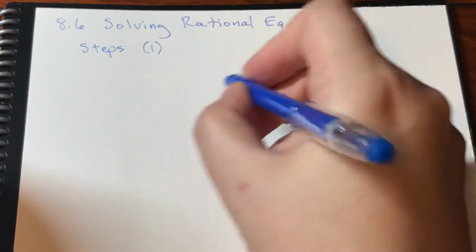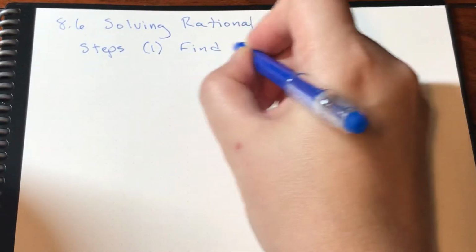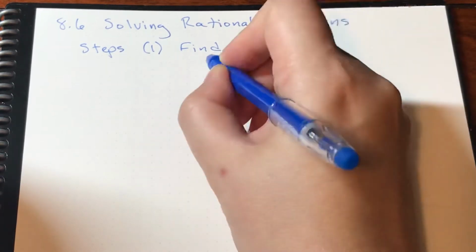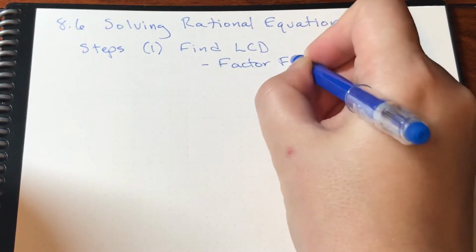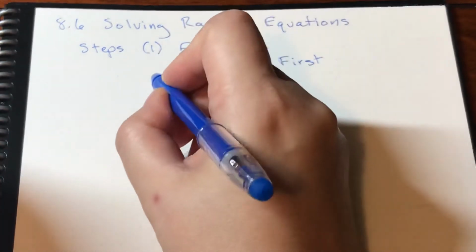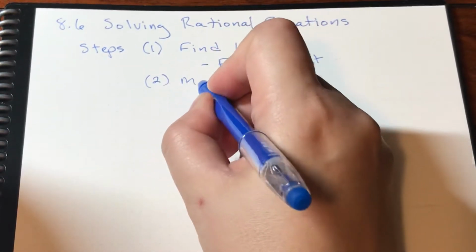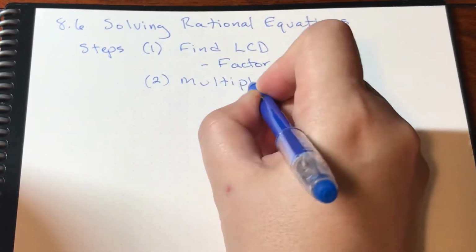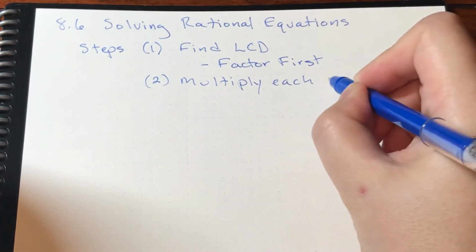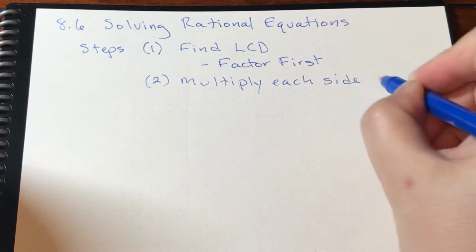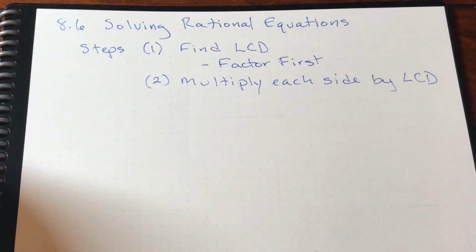Step 1 is to find the LCD, and to do this you might have to factor first. Okay. Step 2 is to multiply each side of the equation by the LCD.